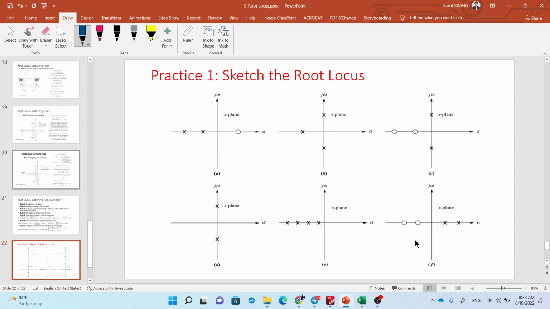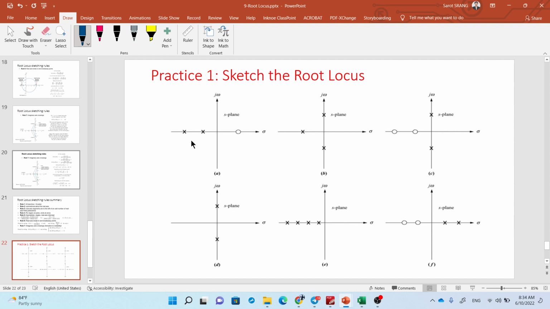Okay, let's do practice. Number 1, sketch the root locus. I will show you the first three, and then let you try yourself. Let's take a look at A. We have two poles.